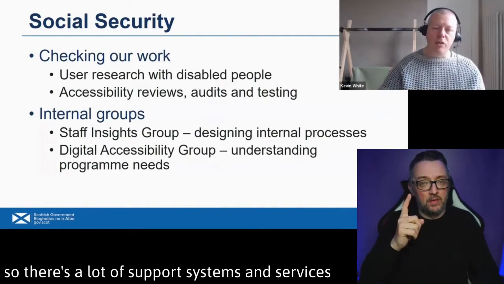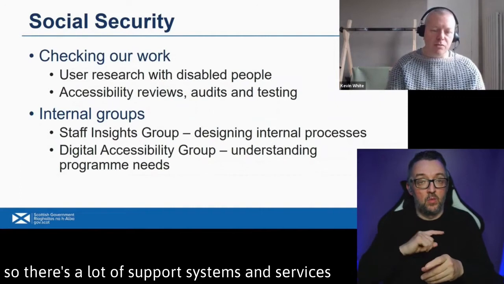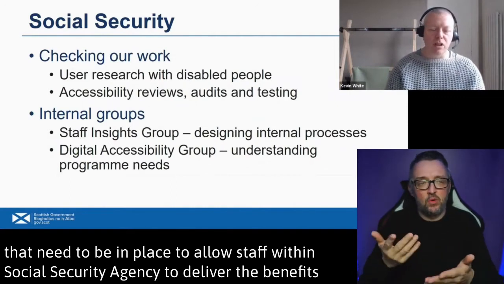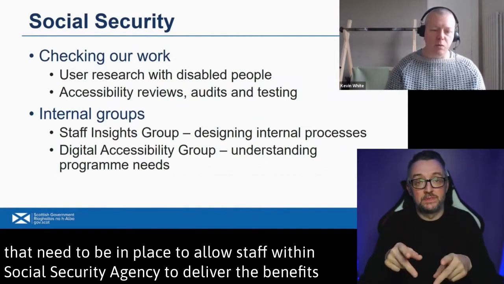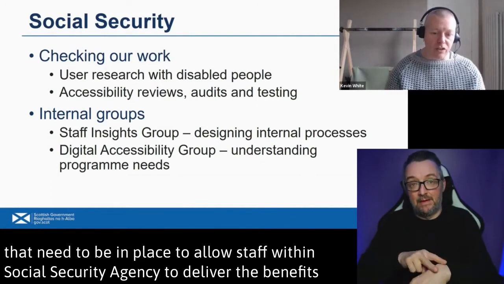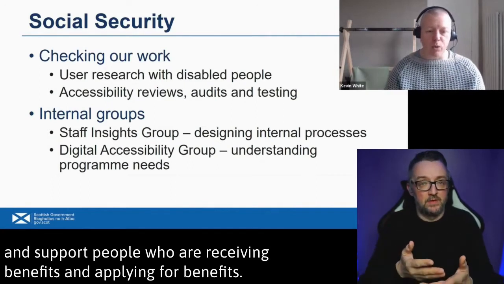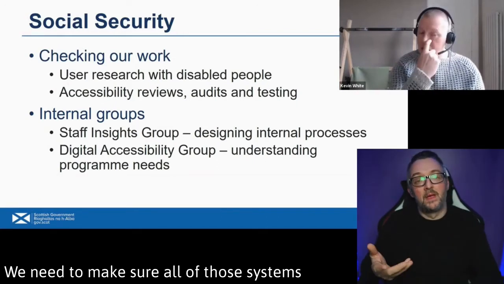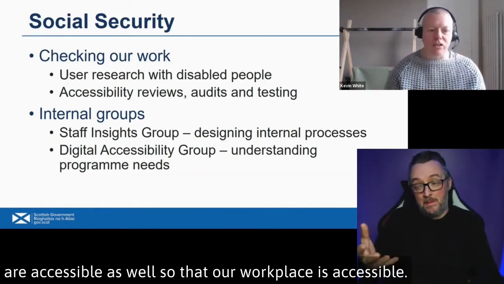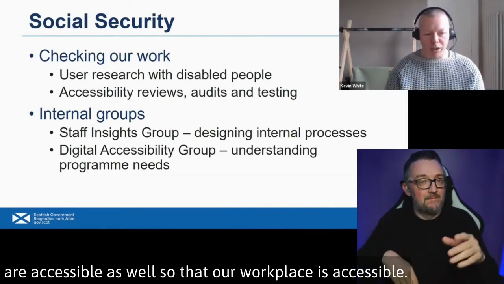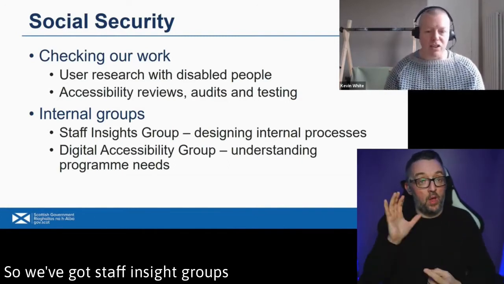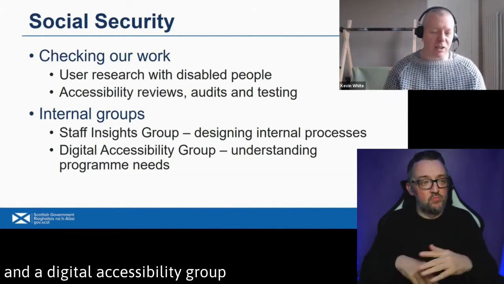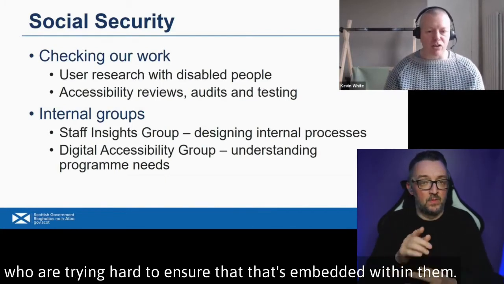There are a lot of support systems and services that need to be in place to allow staff within the Social Security Agency to deliver the benefits and support people who are receiving and applying for benefits. We need to make sure all of those systems are accessible as well, so that our workplace is accessible.